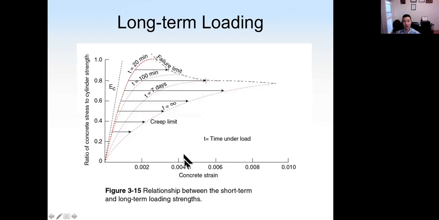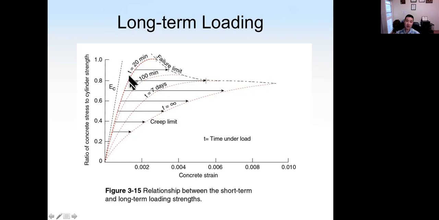Here shows the long-term loading and how the effect of the long-term loading affects the curve. This is the relationship between the short-term and long-term loading strengths. The x-axis is the concrete strain. We have four different cases.